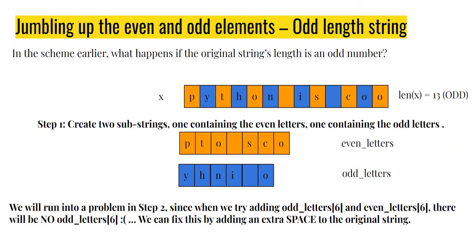So I come back here. Let's first try and understand what exactly is going on. Remember, the way we did this was a two-step process. We first split the original string into two parts, even letters and odd letters. Now let's say my string has only 13 letters, or in fact any odd number.